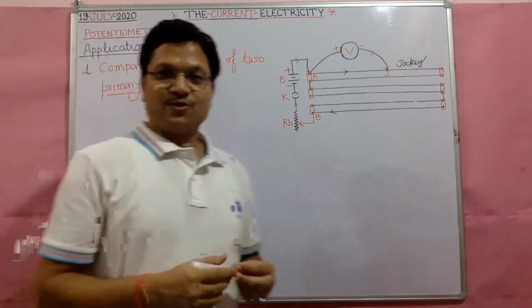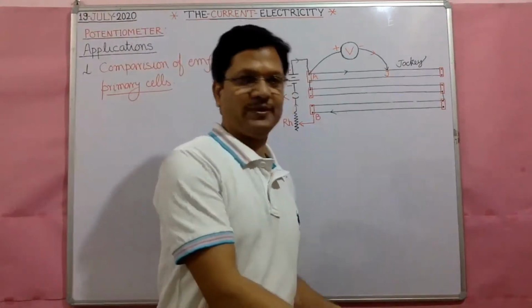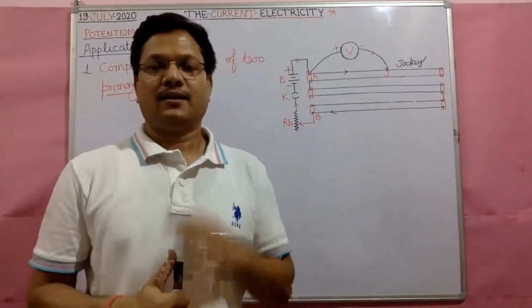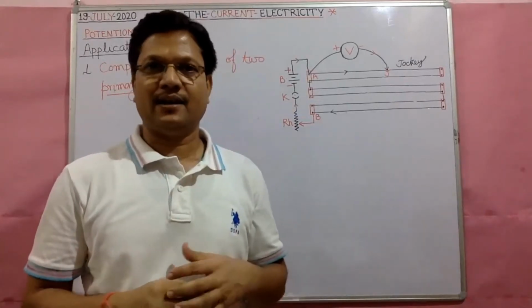So the circuit is also very simple. You would be given two primary cells, suppose a Daniell cell and a Leclanché cell.